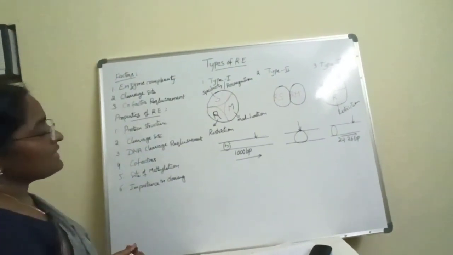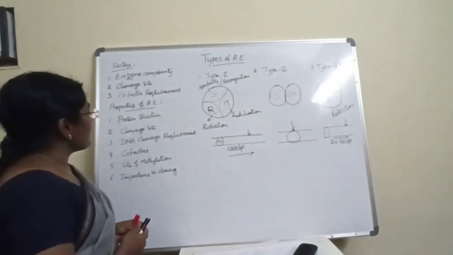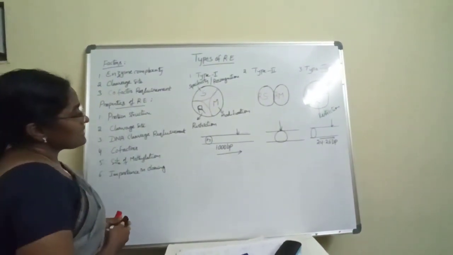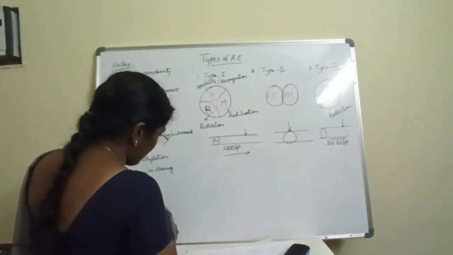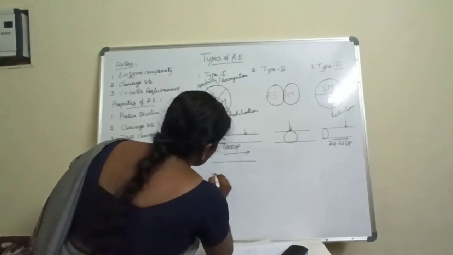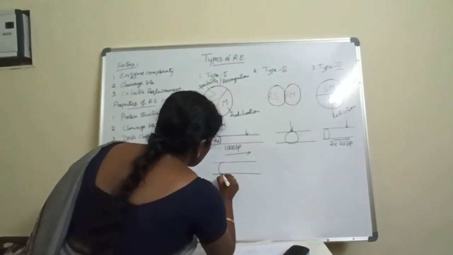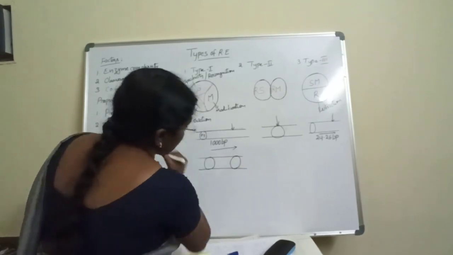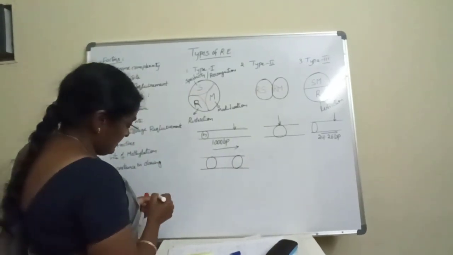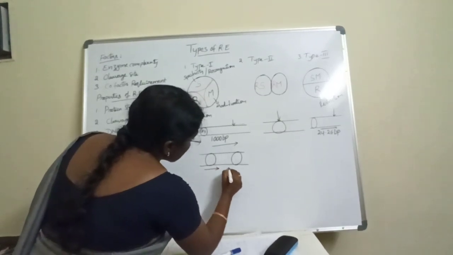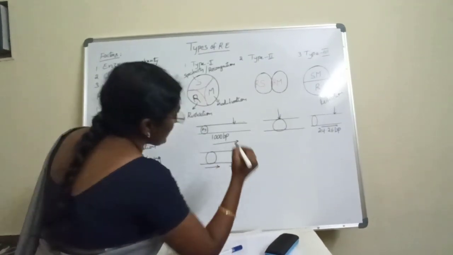For DNA cleavage, two recognition sites are required. This is one recognition site and another one is here.